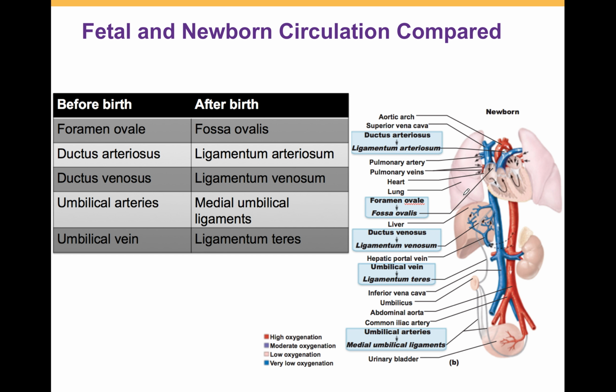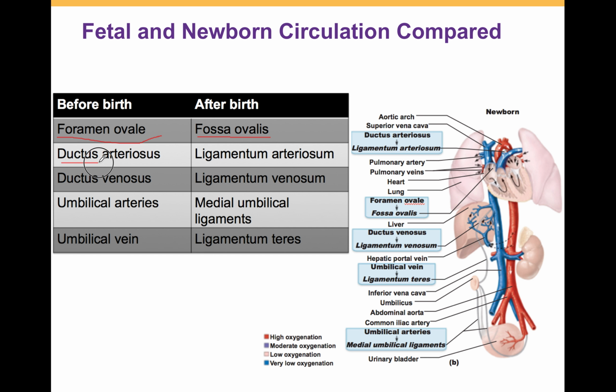So we need to close the two structures that prevented blood from going through the pulmonary circulation. The first one we discussed was the foramen ovale, which was going from the right side of the heart to the left side. When that is closed up, it becomes the fossa ovalis. So after birth, it becomes the fossa ovalis.